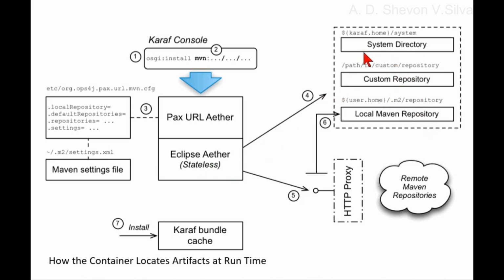Here the system directory is karaf.home/system, here is the path to the custom repository, and the local Maven repository is here, user home and then .m2/repository. In step 5, the Eclipse Ether stateless is connected to the HTTP proxy and remote Maven repositories. In step 6, it is connected to the local Maven repository, and in step 7 the Karaf bundle cache is connected via install.